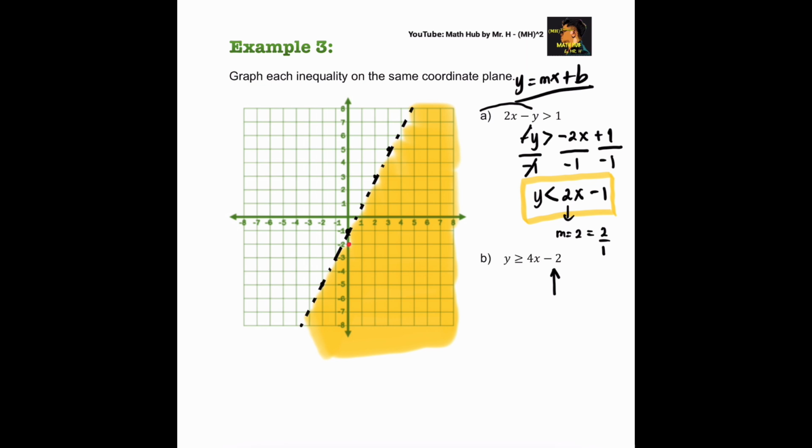And from there we will follow the slope, which is 4, and that means rise over run. So we need to count 4 units up and 1 unit to the right from the y-intercept.